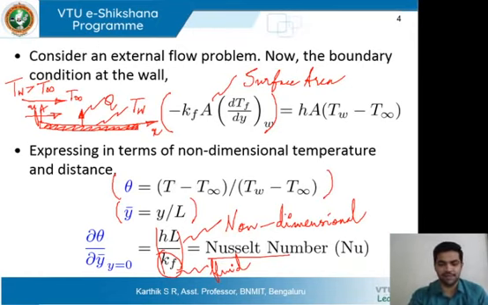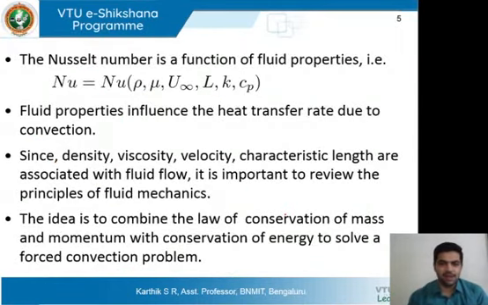Okay, let us continue. As you saw, the Nusselt number, which is the non-dimensional temperature distribution, is actually a function of fluid properties. It is a function of the density of the fluid, the viscosity of the fluid, the free stream velocity u infinity, the length of the plate, the conductivity of the fluid, and the specific heat of the fluid.